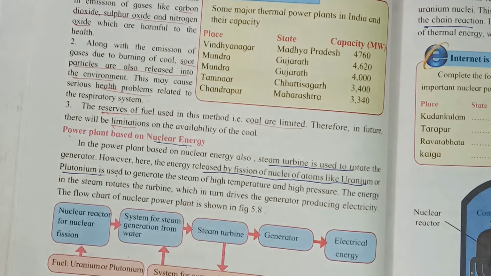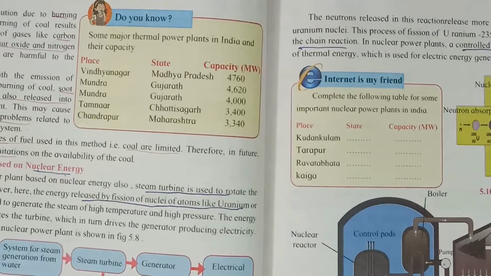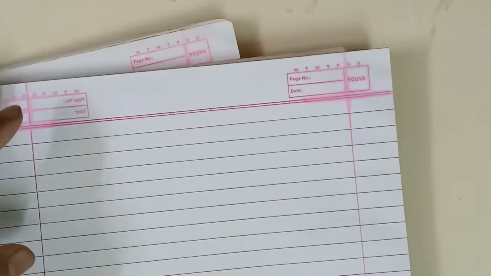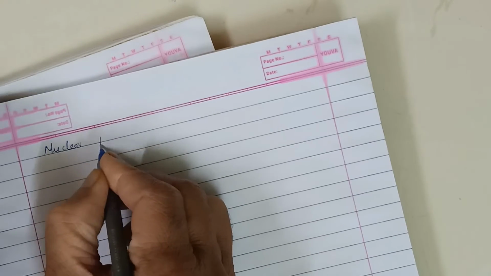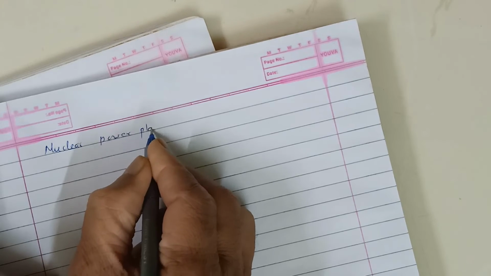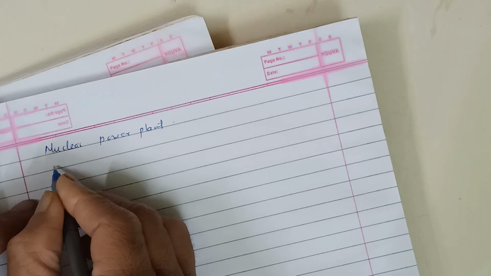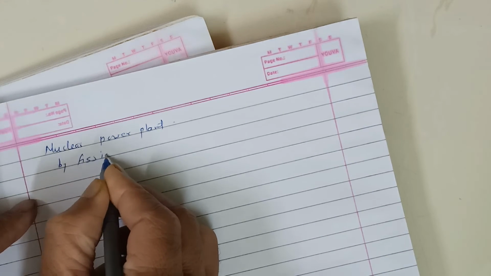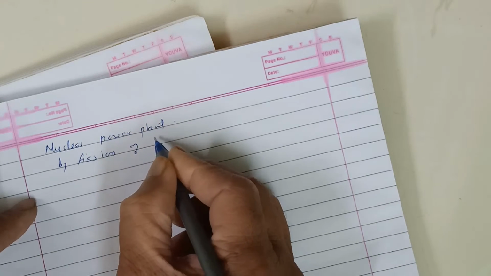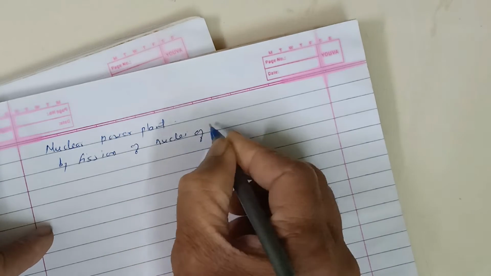In this, steam is used to rotate the turbine of a generator. How is it used? Let's see. In a nuclear power plant, the energy is produced by fission of the nuclei of atoms.